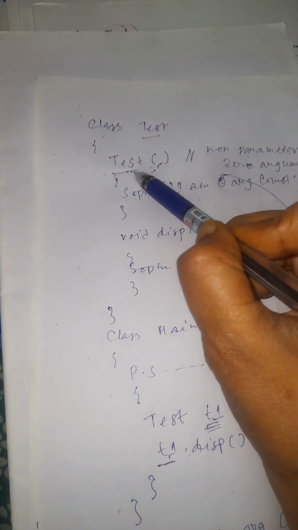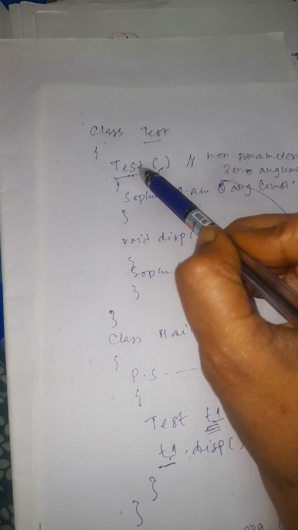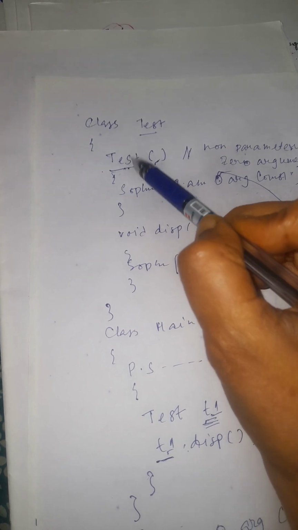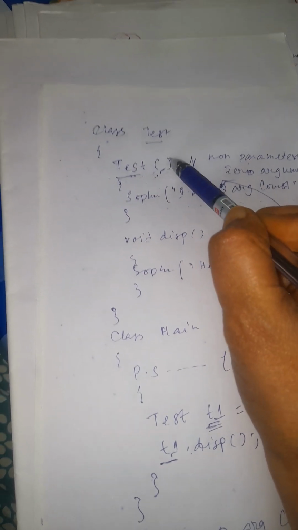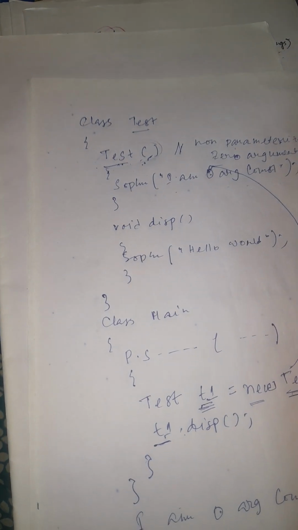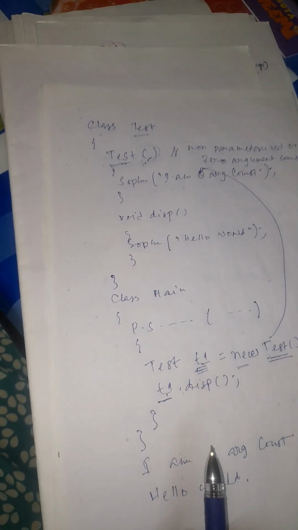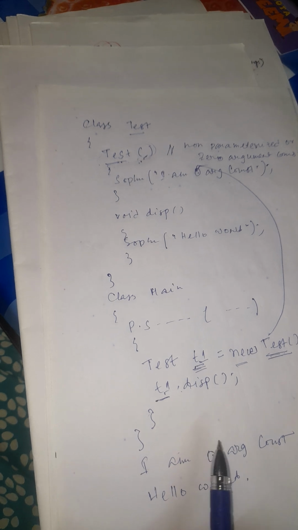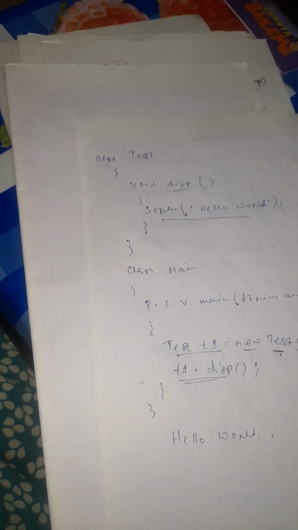So when you create this non-parameterized constructor, it looks like the default constructor, but the default constructor is overloaded. So this constructor is known as the explicit constructor. Clear? That was the default constructor, the non-parameterized constructor, and the implicit and explicit constructor.